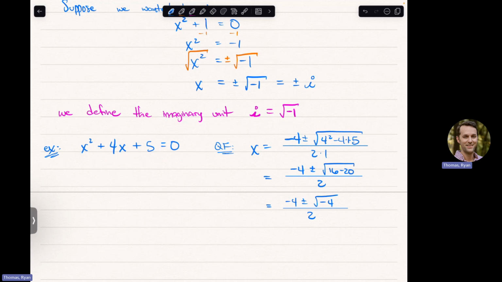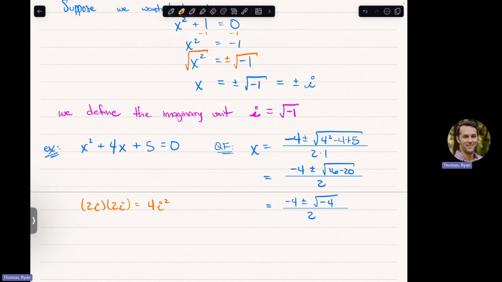Now that we have this idea of an imaginary number, i, notice that if I take 2i times 2i, I get 4i squared. So in a lot of ways, we can treat i just like we would a variable, right? So work with it the same way you would x.